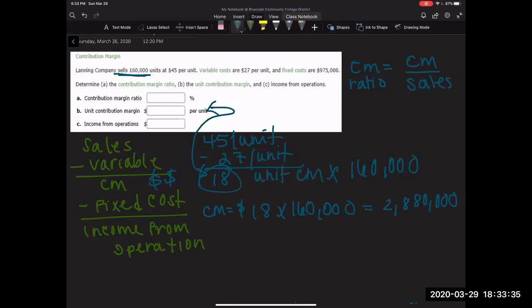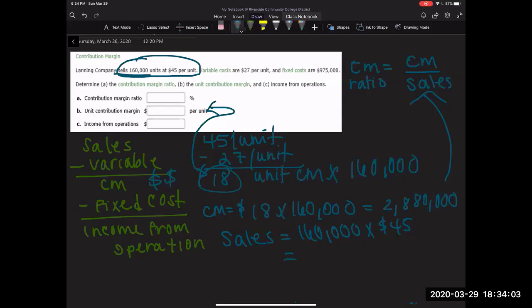All right. So right now, this is our contribution margin, right? And to figure out our contribution margin ratio, we also need to know what our sales amount is. Well, to figure out our sales, it's going to be the number of units we sold, which is 160,000, times the price per unit, or how much we sold it for, which is $45, right?